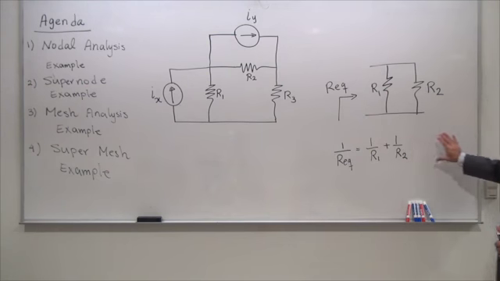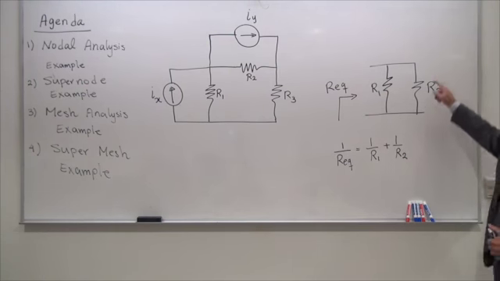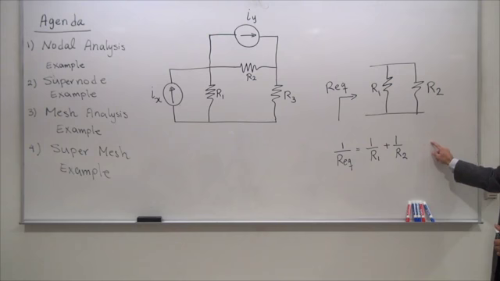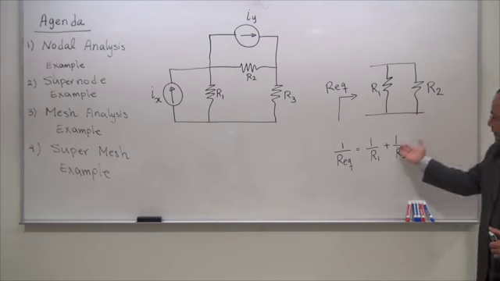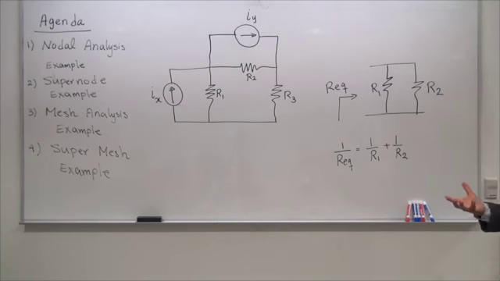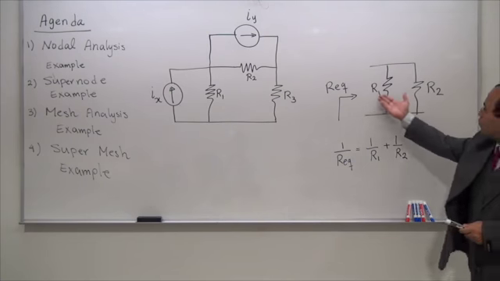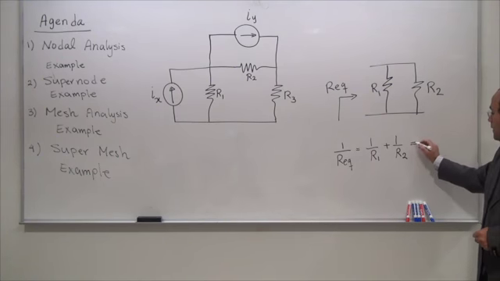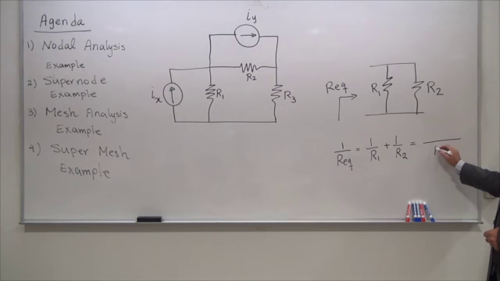This formula is easy, modular. If you have another resistor, you can actually extend that by 1/R3, plus if you have R4, 1/R4, and the list goes on. That's why this is good for us in a general sense. But when you put only two resistors in parallel, you can actually benefit from a simpler formula.